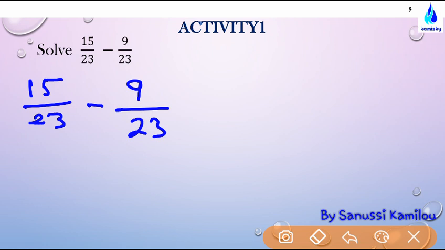Our rule number 1, or step number 1, they said we should make sure the denominators are the same. Since the denominators are the same already over here, we don't have a problem. So we just go ahead to step 2.